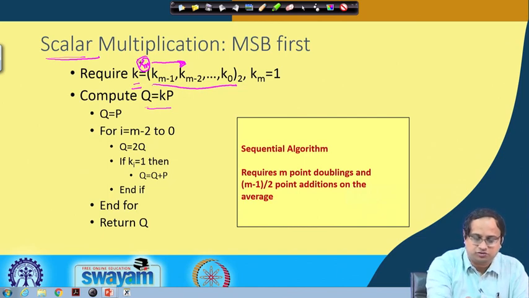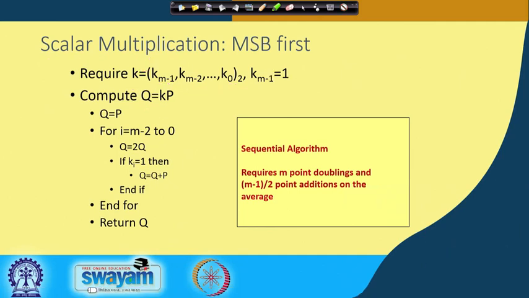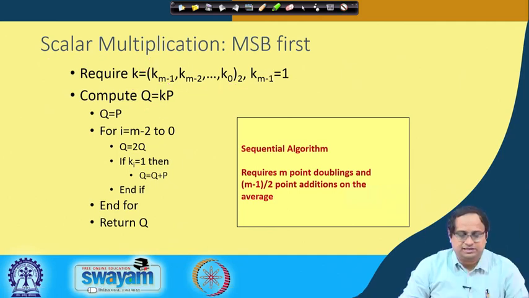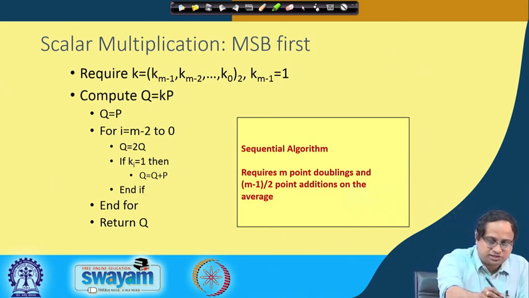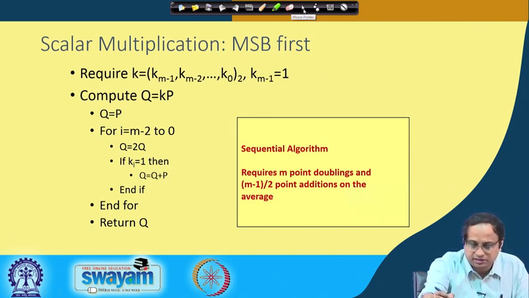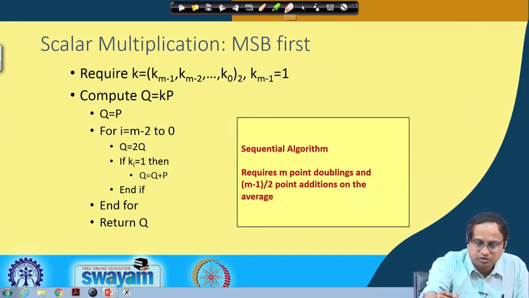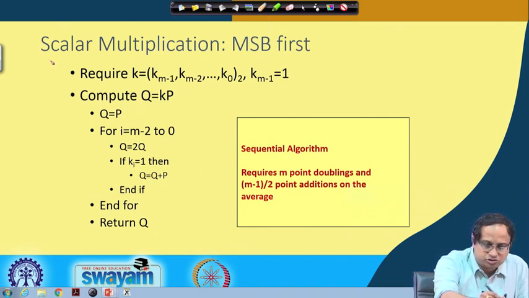So, we process from m minus 1. In a scalar multiplication algorithm, we expand the scalar, which is the variable k.